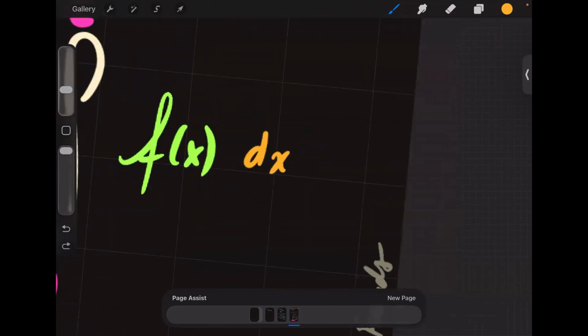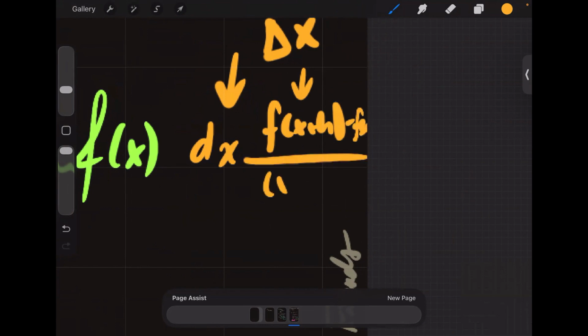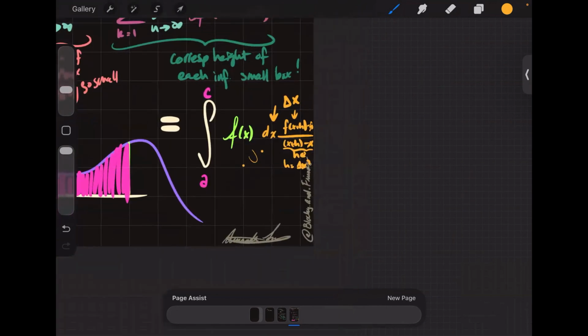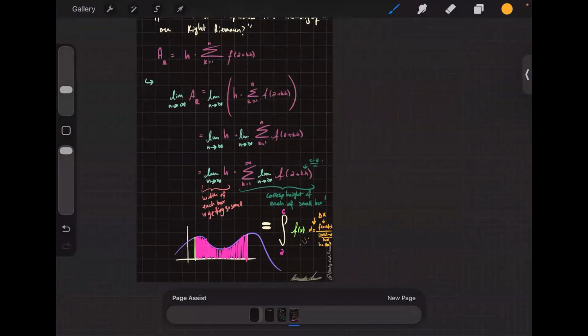This comes from the idea of delta x, that whole f of x plus h minus f of x all over x plus h minus x, and then that gives you h, and h is just the change in x. That's all. That is how definite integrals work. Thank you for your attention.